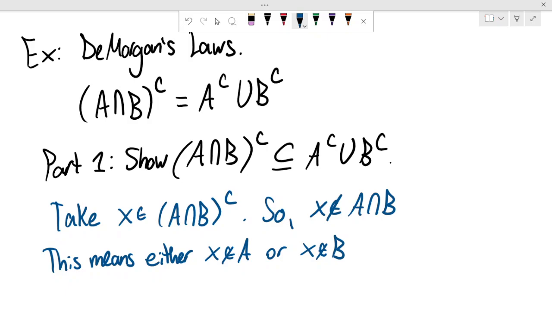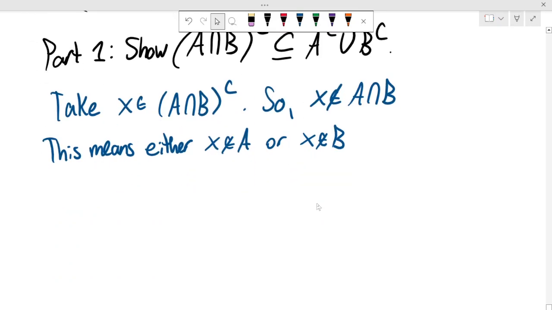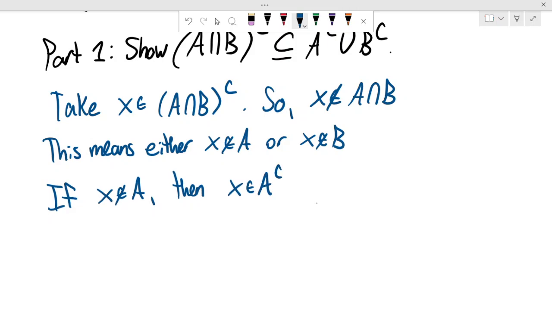So we're using the inclusive or here. So we have two cases here, right? So if x is not in A, then x is in A complement. Okay, this gives us something to work with because we're looking at the complement right now.